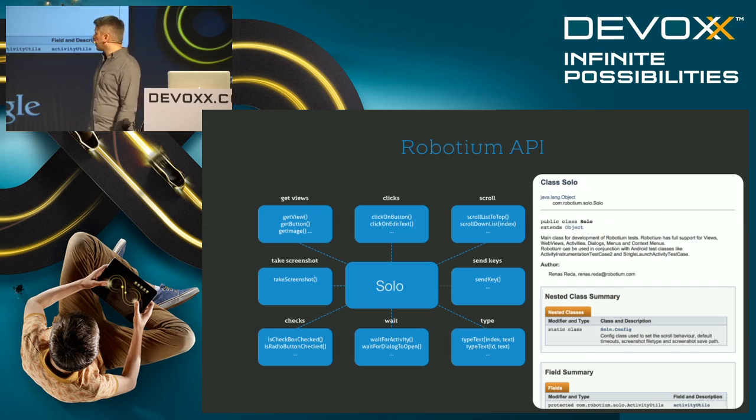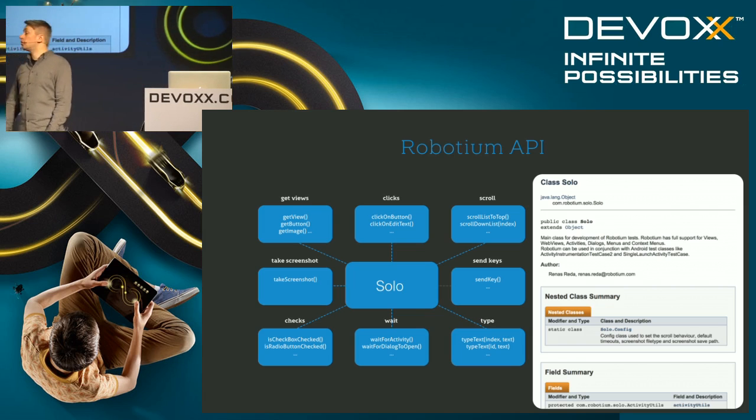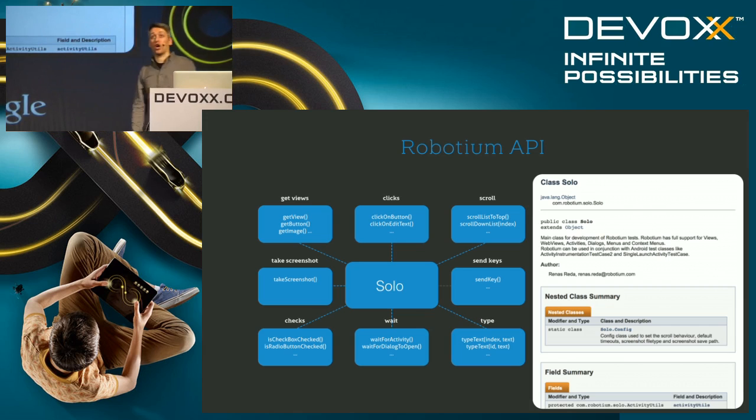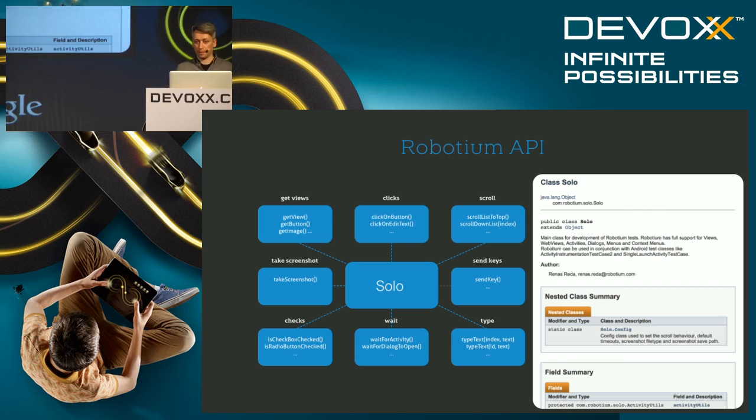You can type. You can do certain checks, like for instance whether a checkbox has a certain check state. And sometimes very useful, you can take screenshots. There's a little bit more than what I have here. These are only the most interesting or most used functions, so really take a look at the Solo API docs if you're interested in Robotium.